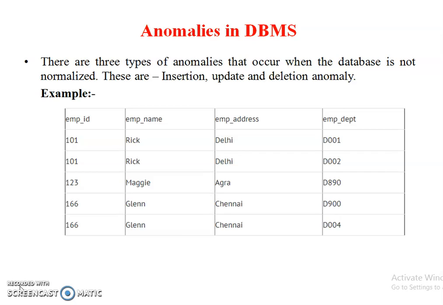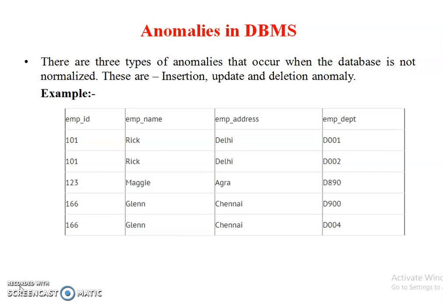Now the next anomaly, that is update anomaly. An update anomaly occurs when there is a requirement of changes in multiple records of an entity, but all records do not get updated. See in this example, we have 2 rows for employee Rick along with the 2 departments of the company.